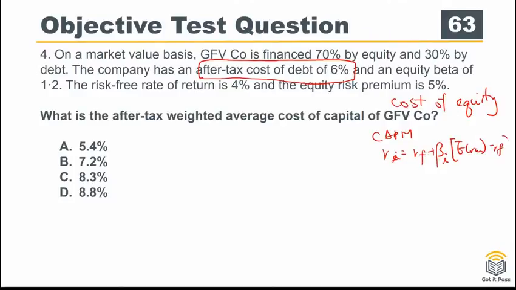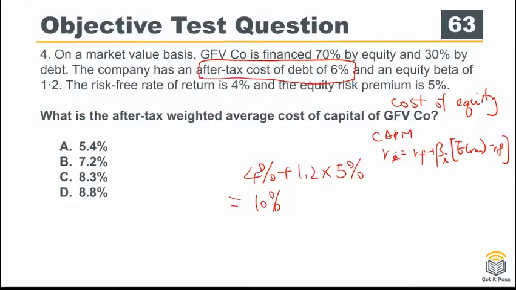So here the risk-free rate is 4% plus the equity beta of 1.2 times the equity risk premium, which is 5%. So you can work out 5% times 1.2 plus 4%, which is 10% cost of equity.